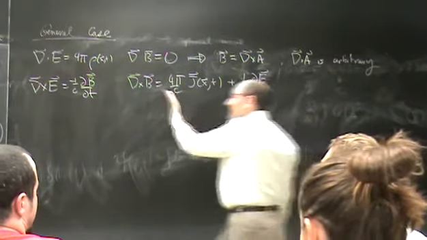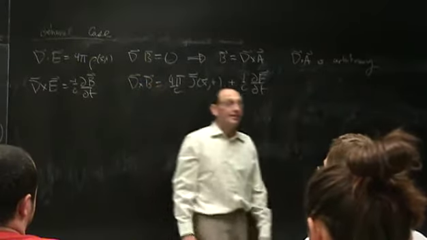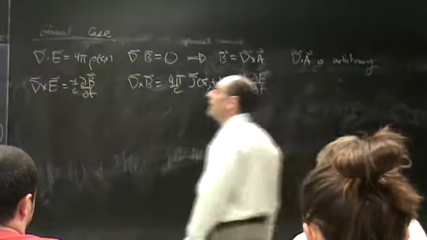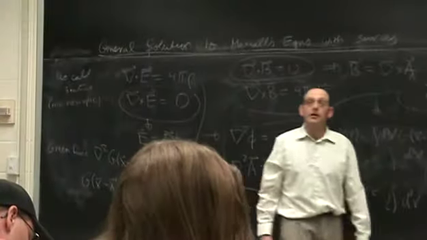However, del cross E ain't 0 no more. So that means that E is not just the gradient of a scalar field, unless this happens to be 0.